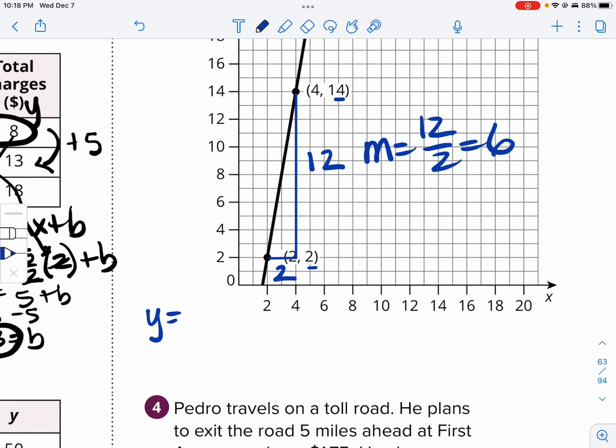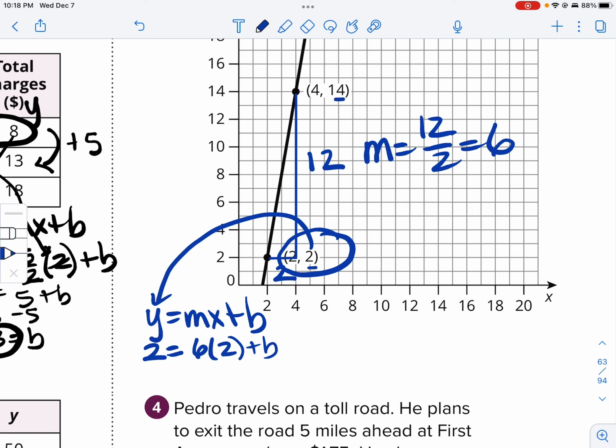Now I need my b. So y equals mx plus b. I'm going to use this point right here. 2 goes in for my y. My slope is m. My x value is 2. And again, where am I getting this? This 2 comes here.